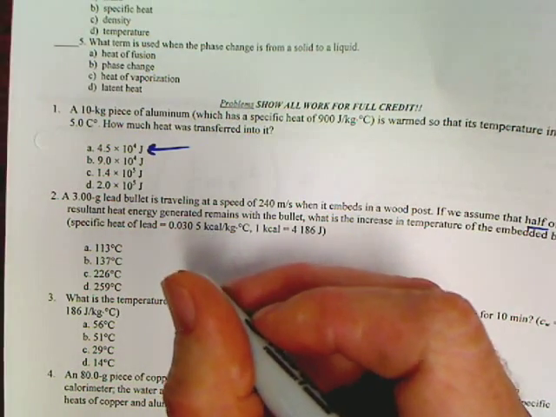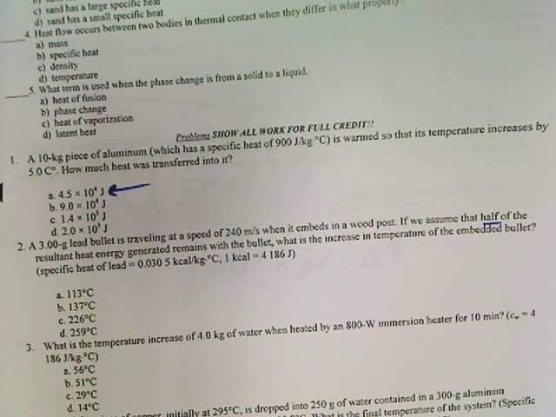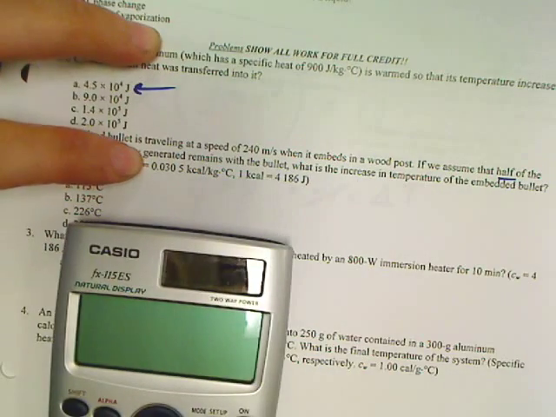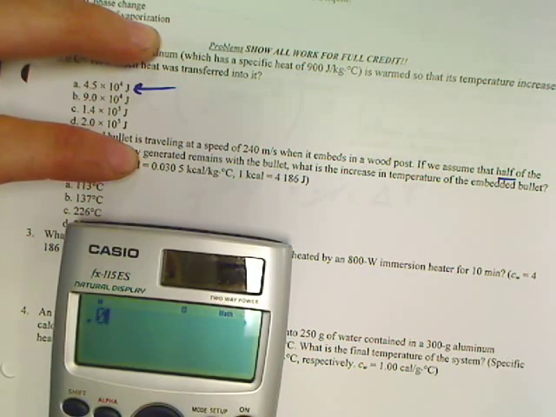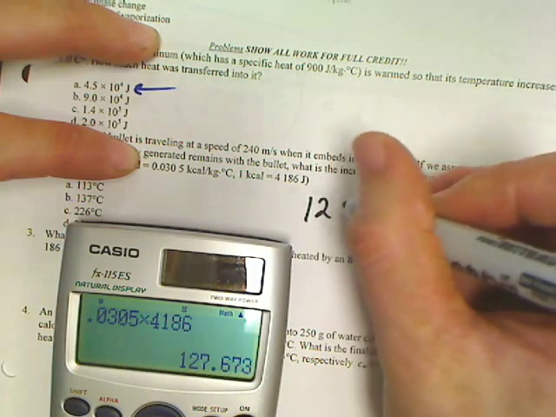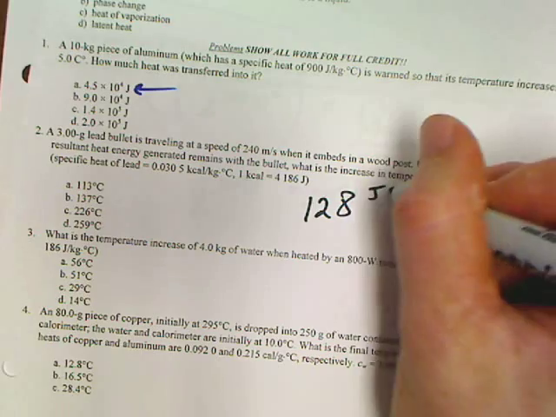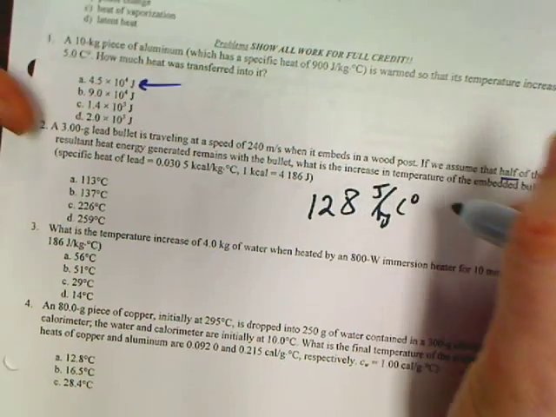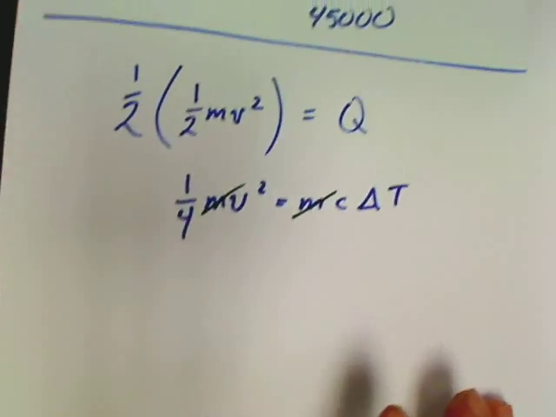All I really need to do to interpret this crazy looking C, it's in kilocalories per kilogram, is take that number 0.0305 and times it by 4186. So my C is actually, I'm going to say, 128 joules per kilogram. So there's my C in this problem, 128.